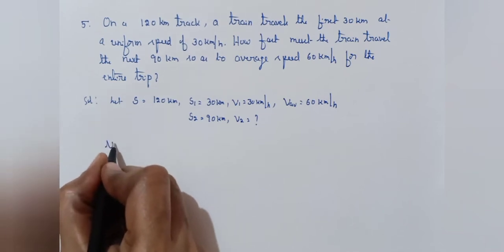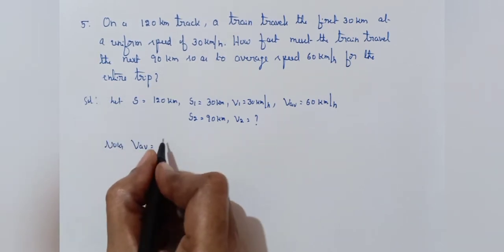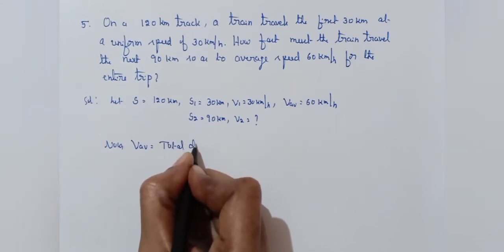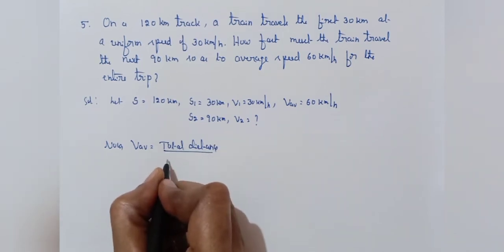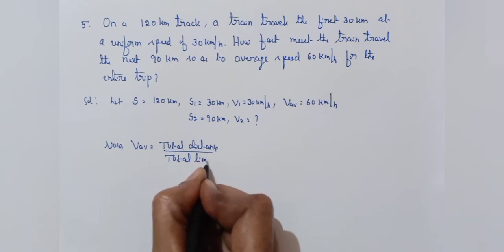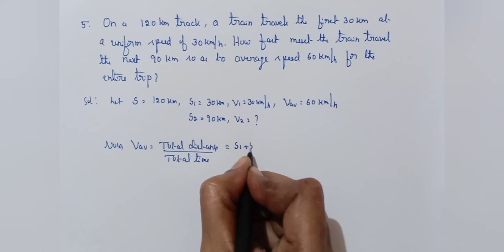Now average speed is equal to total distance by total time taken. The total distance is S1 plus S2.